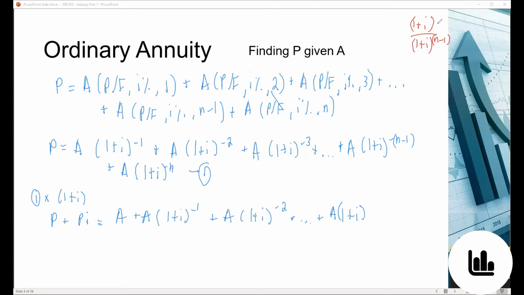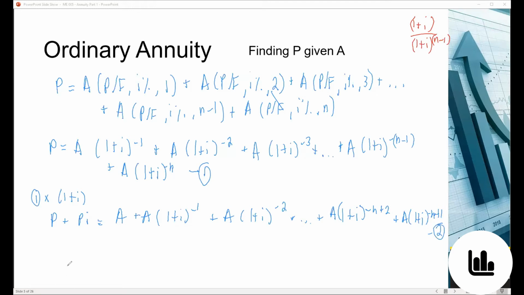Eh dahil may 1 pa tayo dito, pag ginawa nating multiplication at naging negative nga yan, 'di ba? When we are multiplying two terms with the same base, different exponent, we add the exponents. So we will end up with negative n plus 2. Okay, and then the last term, A 1 plus I raised to negative n plus 1.